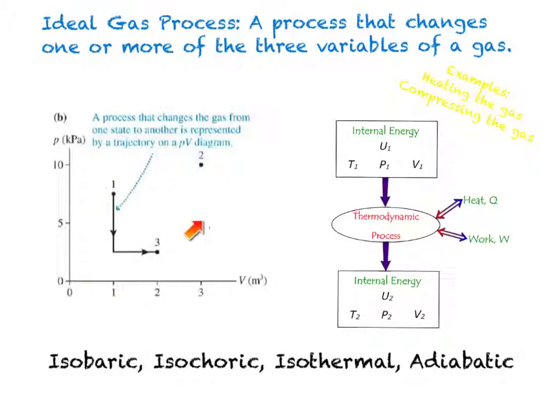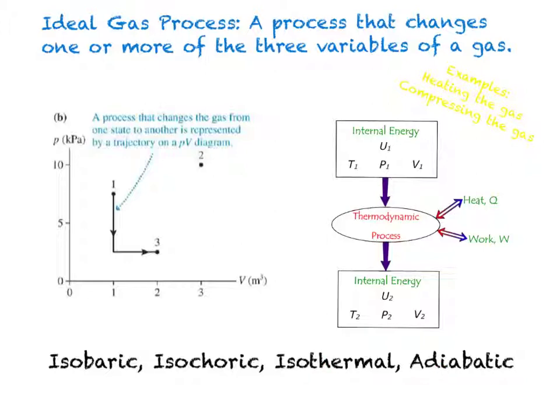So in this figure here, this is part B of the previous figure, so we have the same 3 points, but what we've got here is one possible process by which the gas of part A is changed from state 1 to state 3. So we're going to look at 4 thermodynamic processes: isobaric, isochoric, isothermal, and adiabatic.